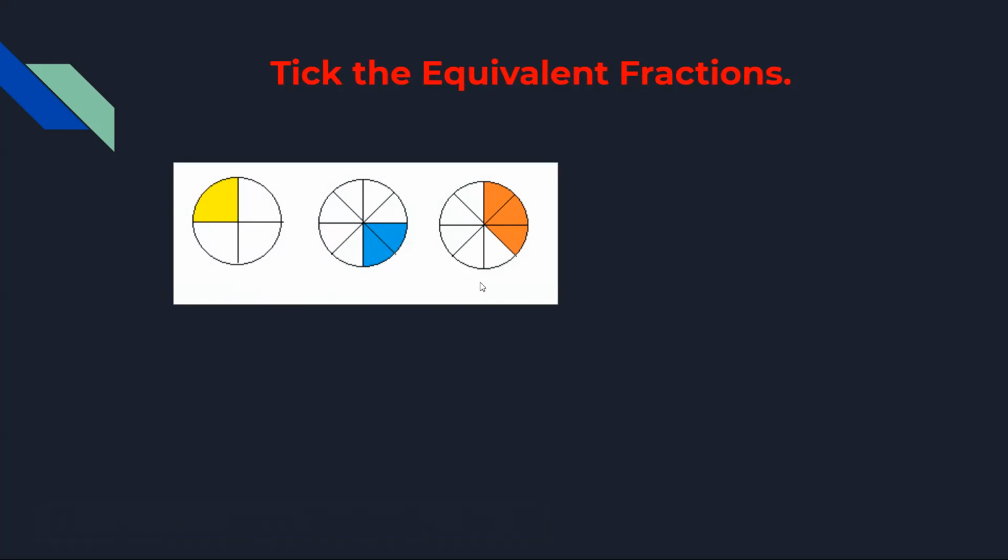But in the third, the shaded part is a little bit more than the previous two. It means the first and the second are showing equivalent fractions, but the third is not equivalent to the previous ones. So we can tick these two, and the third one is not an equivalent example.